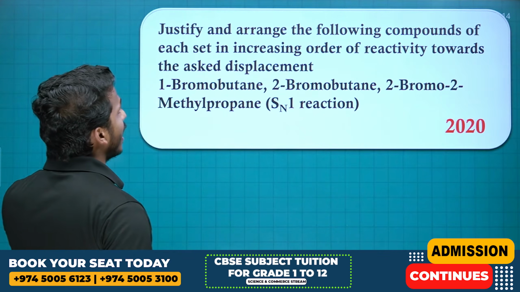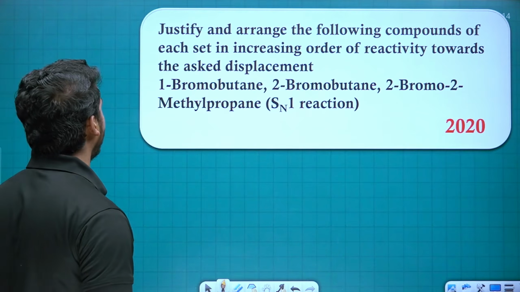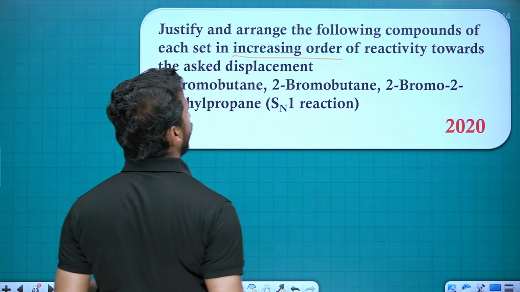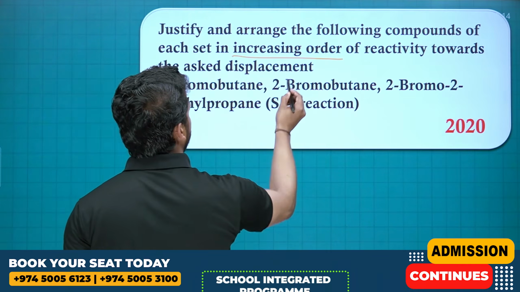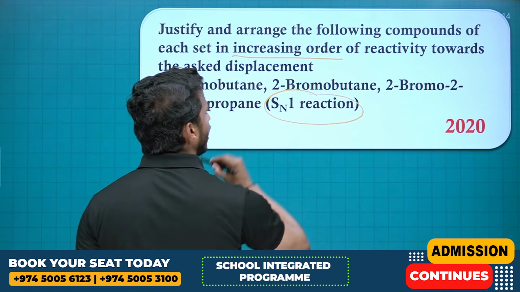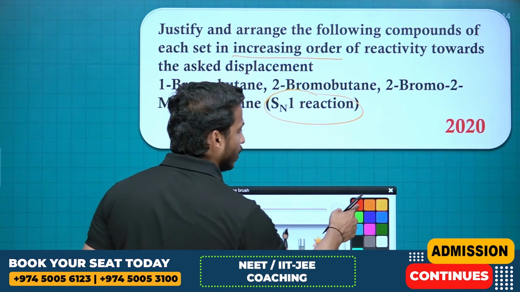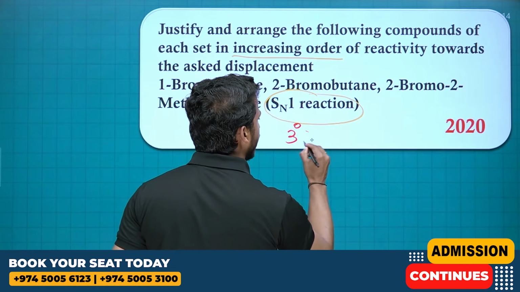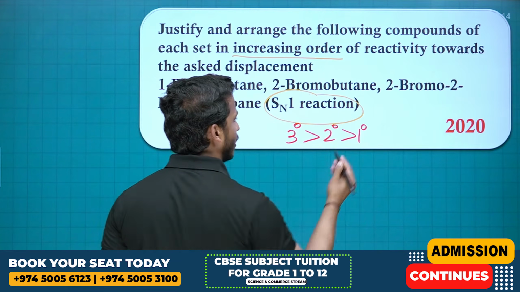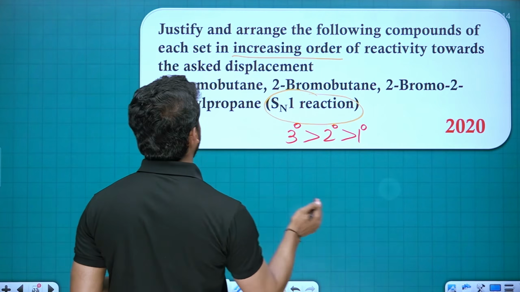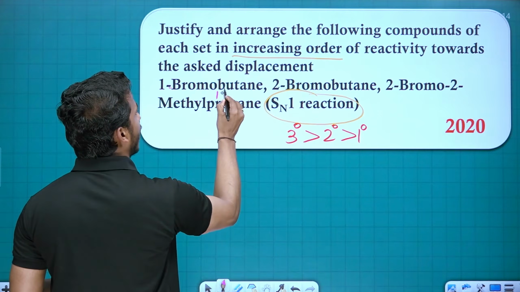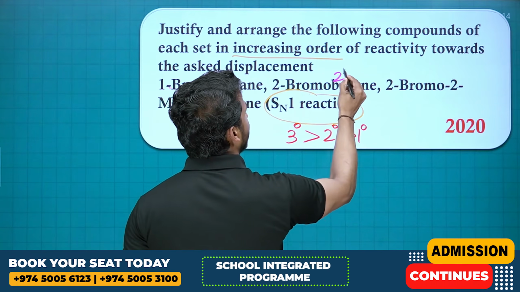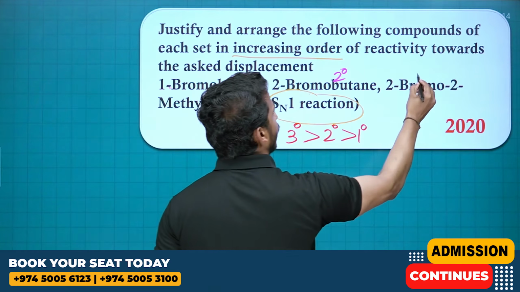Now justify and arrange the following compounds in each set in increasing order of their reactivity toward displacement. They ask, what is the displacement? SN1. What is the reactivity order of SN1, my dear? Tertiary greater than secondary greater than primary. 1-bromobutane is primary, 2-bromobutane is secondary, 2-bromo-2-methylpropane is tertiary.